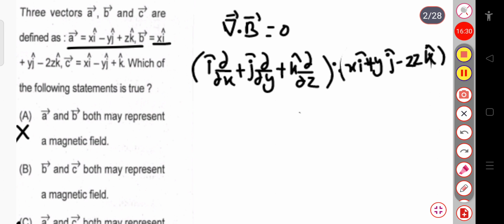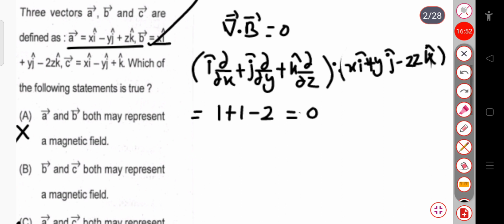Then this is equal to i dot i is 1, dou x by dou x is 1, plus j dot j is 1, dou by dou y of y is also 1, k dot k is 1, dou by dou z of minus 2z will be minus 2. So 1 plus 1 minus 2, that is 2 minus 2, which is 0. So this B vector will give a magnetic field. So this one is correct.